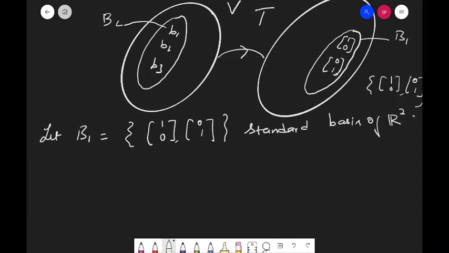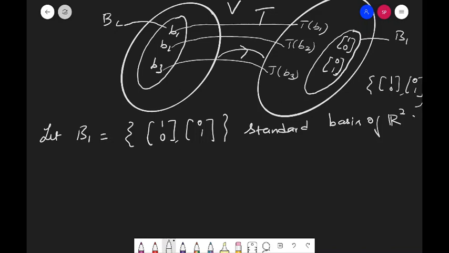After that we have to find out what is T of b1, T of b2, T of b3.